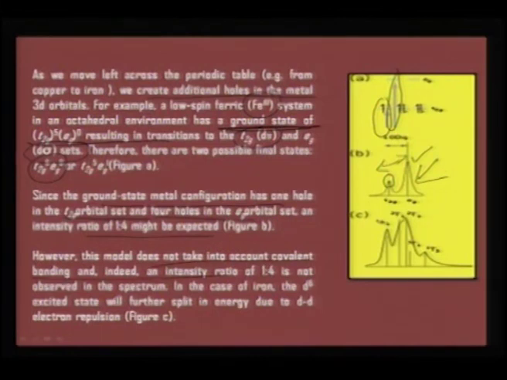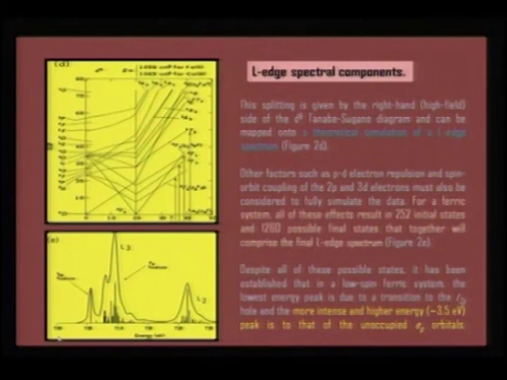What will happen is that the d6 excited state will further split in energy due to d-d electron repulsion. As a result, you would see a much more complicated or split pattern of these two peaks. So, these two peaks need to be analyzed more carefully, because there are other things that compound with these structures.